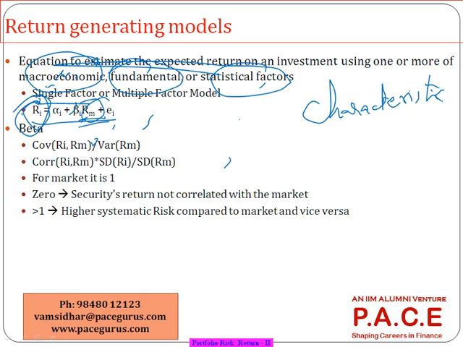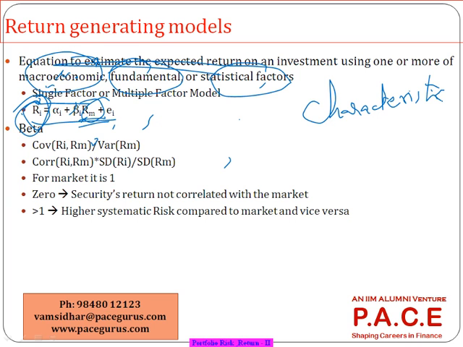Here we have return on the market as x-axis and return on the security on the y-axis. So security returns are always on the y-axis, whether it is for your CML or the characteristic line. On the x-axis we had the risk of the portfolio in case of CML, while in the characteristic line I am taking the return on the market. So this particular line is what we call the characteristic line.